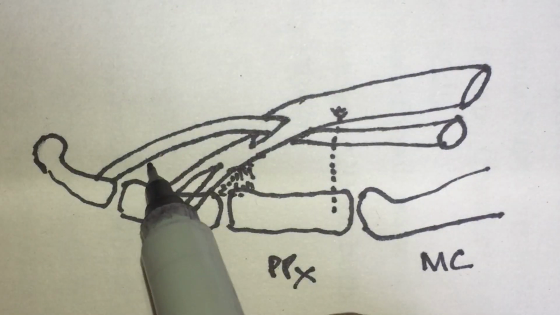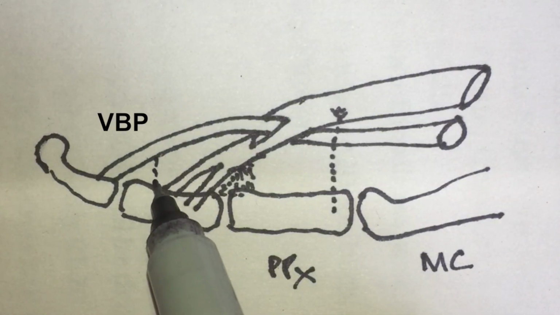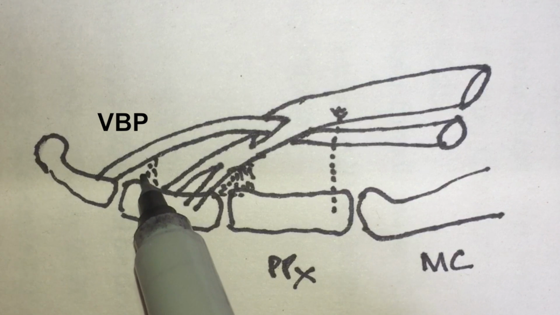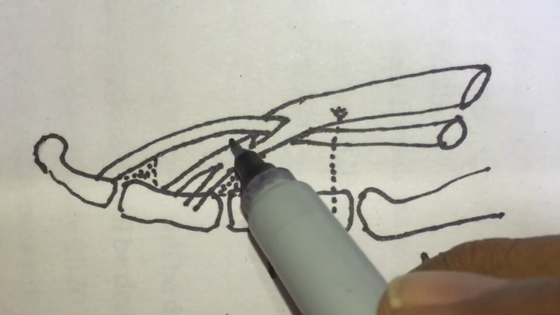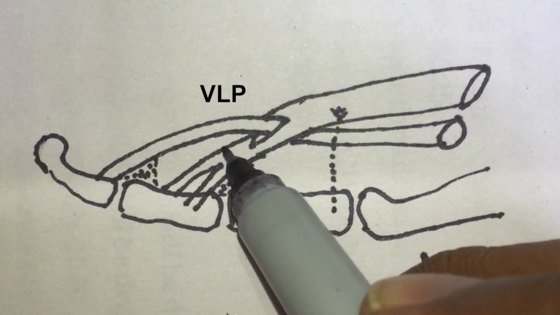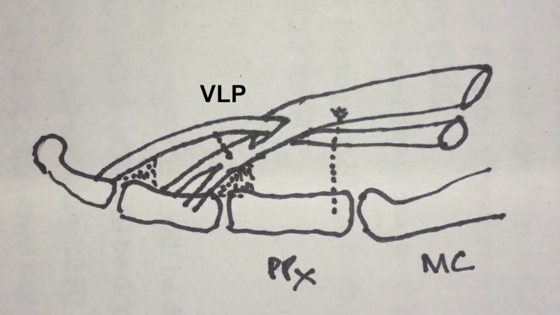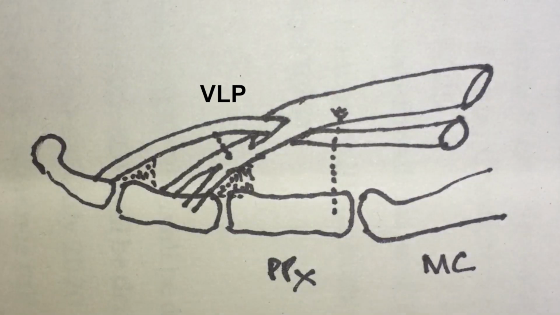At the distal portion of the middle phalanx, we get the triangular fold of the vinculum brevis of the profundus, and through the Camper's chiasma, we get the filiform vinculum longus of the flexor digitorum profundus.